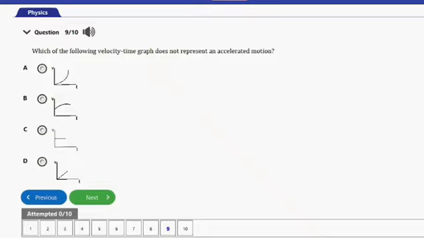In this case, the velocity remains the same over time, and as such, the graph does not show any acceleration. So that's it for this question. If there is no change in velocity over a period of time in a graph, it means that there is no accelerated motion, and option C represents this. So let's go ahead and consider the next and last question, guys.